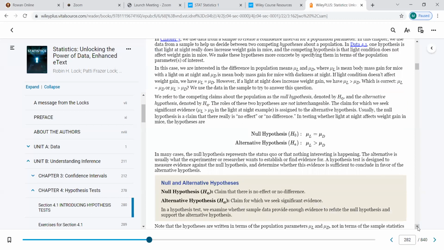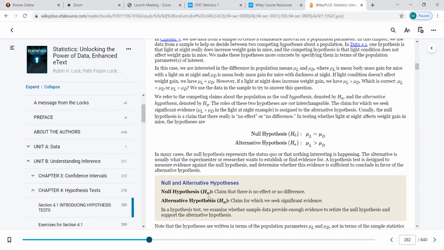Now, in the symbols that we use in hypothesis tests, the null hypothesis is going to be a big H with a subscript of 0 right next to it. You usually say H sub 0 is the null hypothesis.